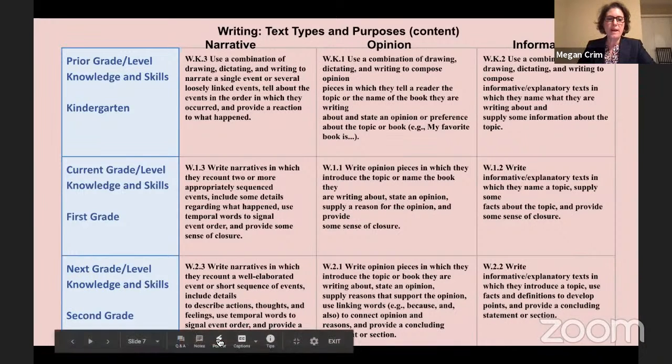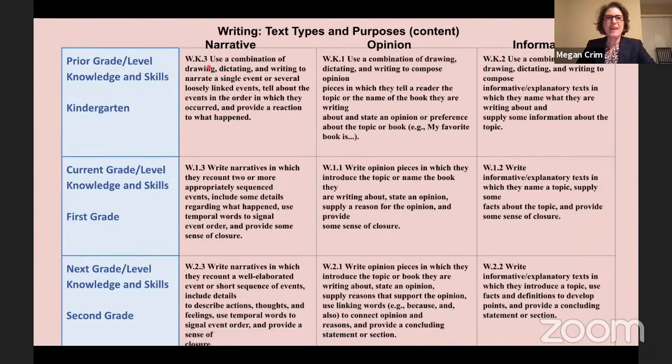And then I wanted to point out something about kindergarten here, and then here's first grade, and here's second grade. So if you look under narrative writing, this is like an address, W.K.3. W means writing, and that's the type of standard.